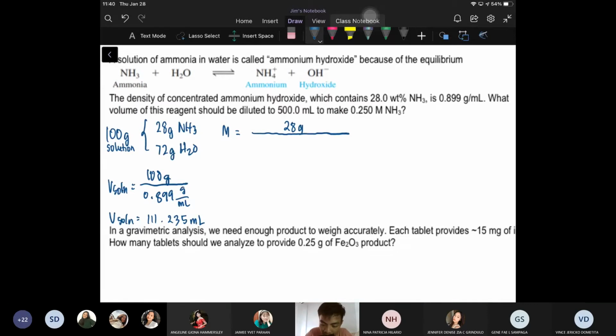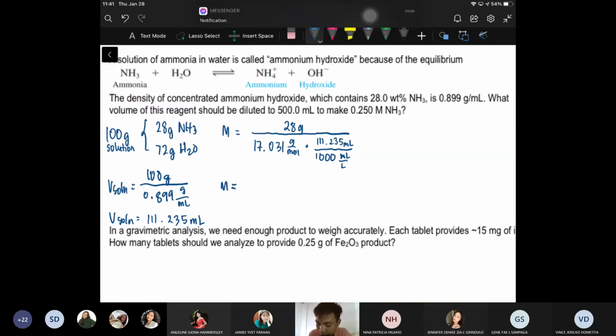So this is 17.031 g/mol, grams per mole. And then yung volume, no? Which is 111.235 ml divided by 1,000 ml per liter. So we solve for the molarity.